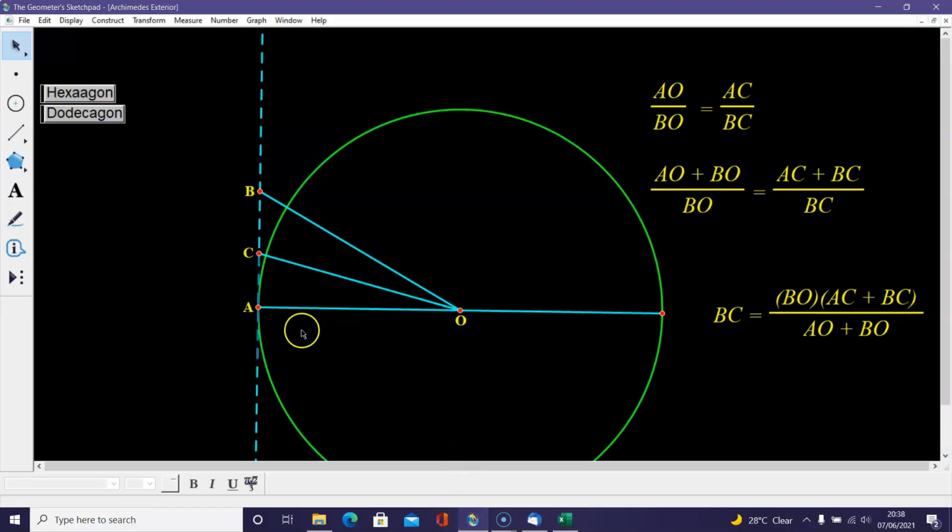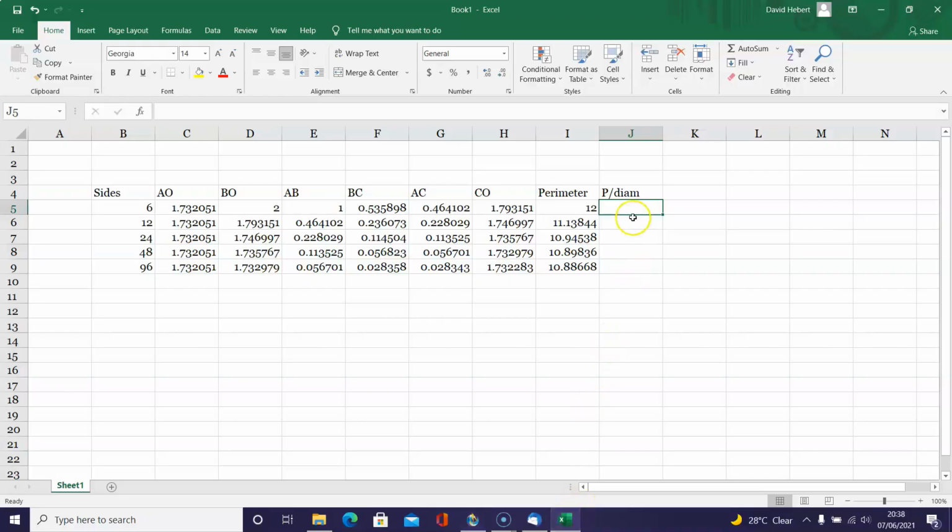The diameter is twice the distance from A to O. So I'm going to take the perimeter divided by 2 times the distance A to O. And we see that on our hexagon, we have a perimeter to diameter ratio of 3.46.